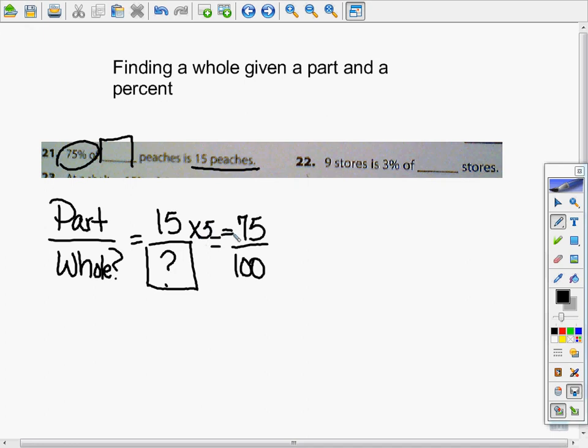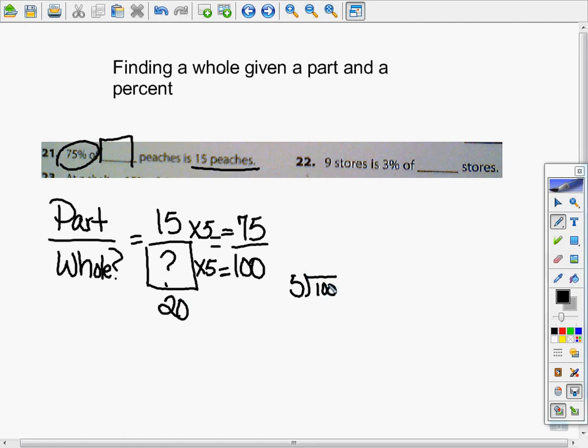Now, they also know the rule that what you do to the numerator, you have to do to the denominator and vice versa. So, because I multiplied times 5 in the numerator, I'm going to do the same thing down below in the denominator. Something times 5 equals 100. Now, either they're going to know that 20 times 5 equals 100, or they're going to have to divide 5 into 100 to figure that out.